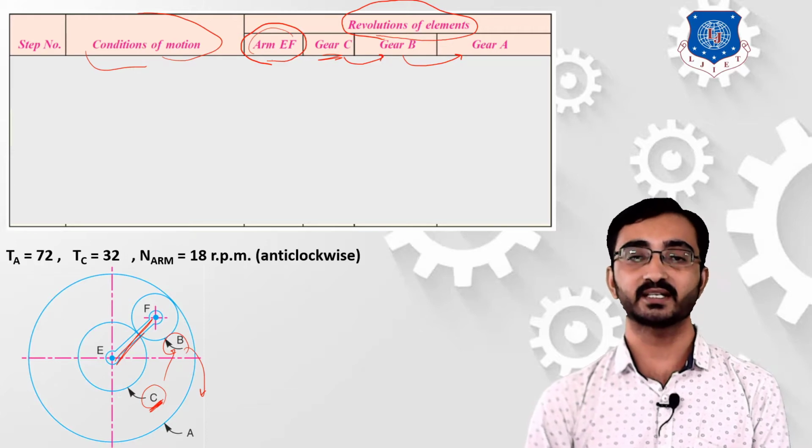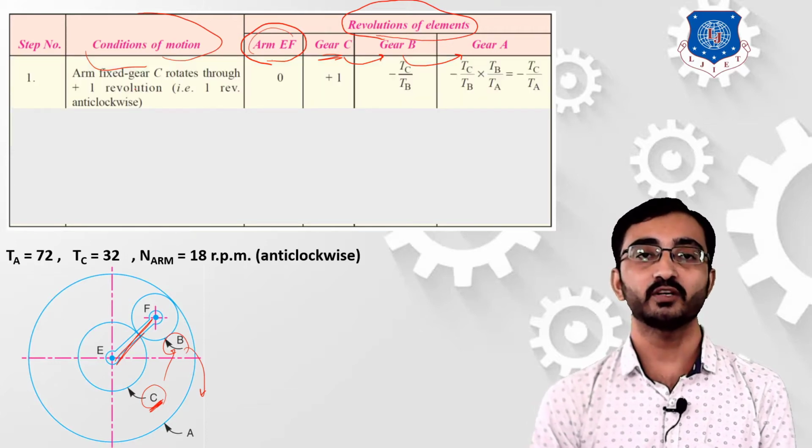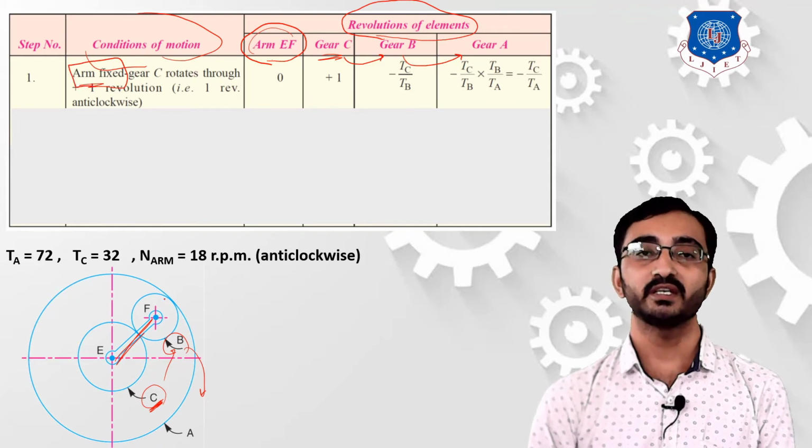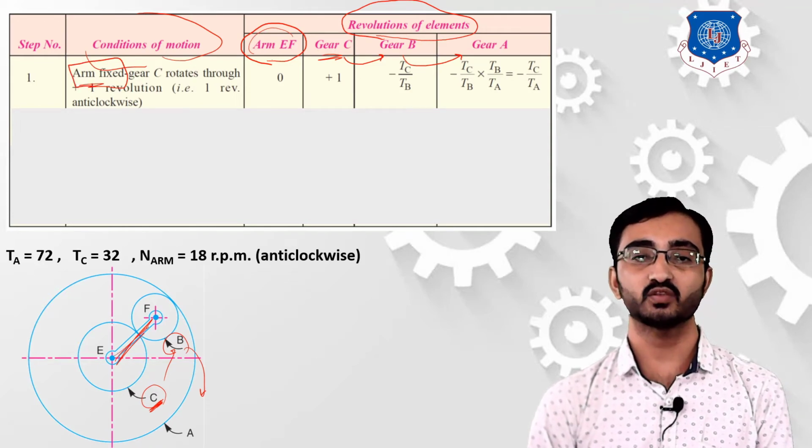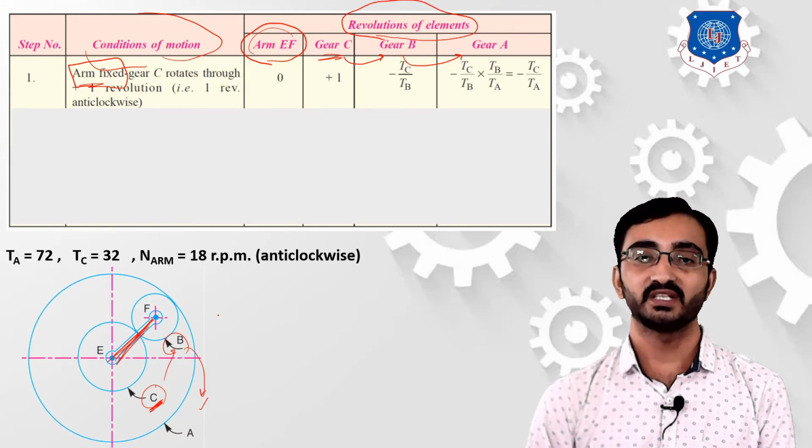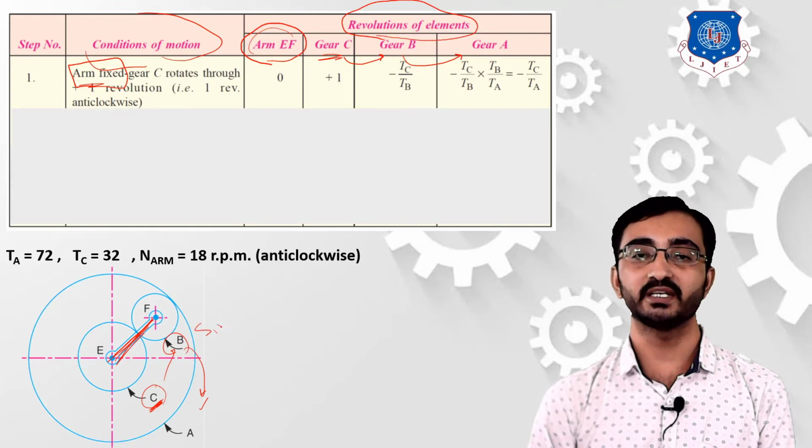Now let's consider the first condition, where the arm is fixed. We have to fix the arm in each and every epicyclic gear train. When we fix this arm, all the gears, that is gear B, gear C and gear A, can be treated as a simple gear train.